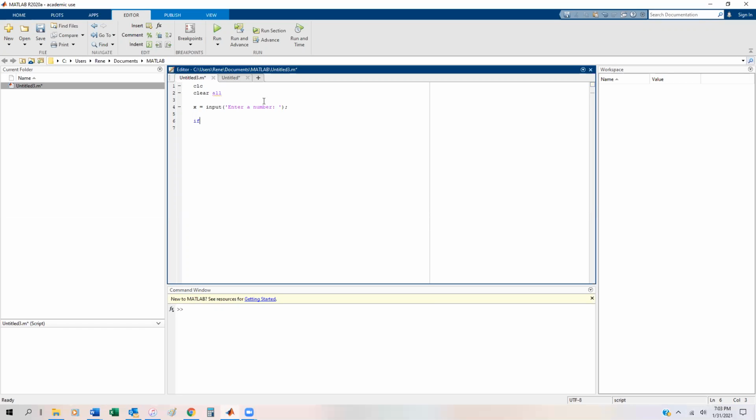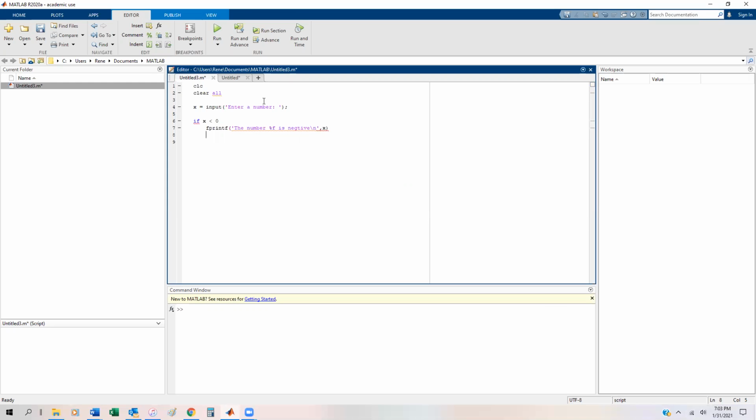And here's where we're going to build our if statement. We're going to say if x is less than 0. All right, so in other words, if it's going to be negative, then we're going to fprintf the number, and we could just say %f, so we can reference that actual number is negative. And we're going to do \n, so we go to the next line, and let's just call that number x. All right.